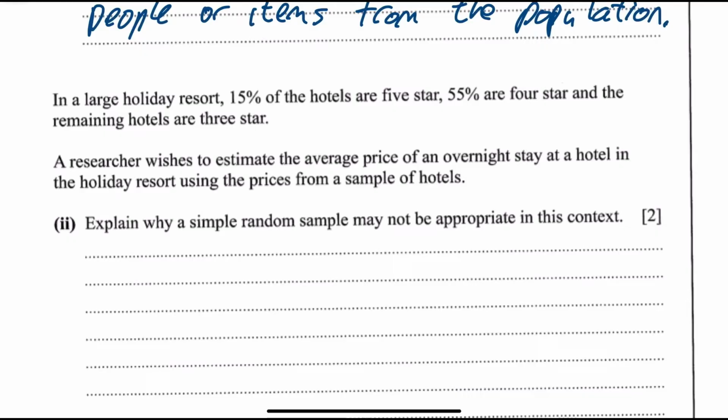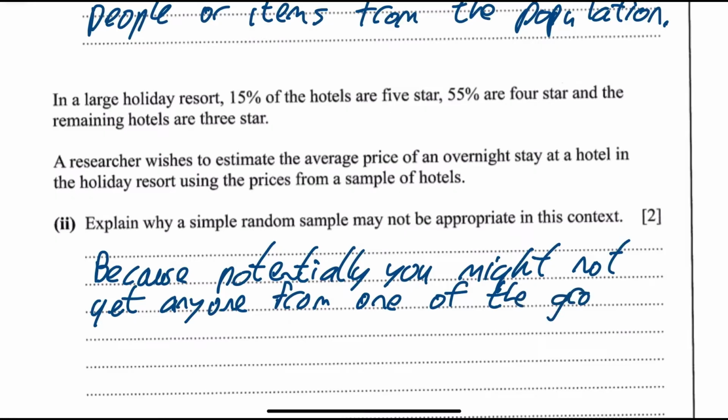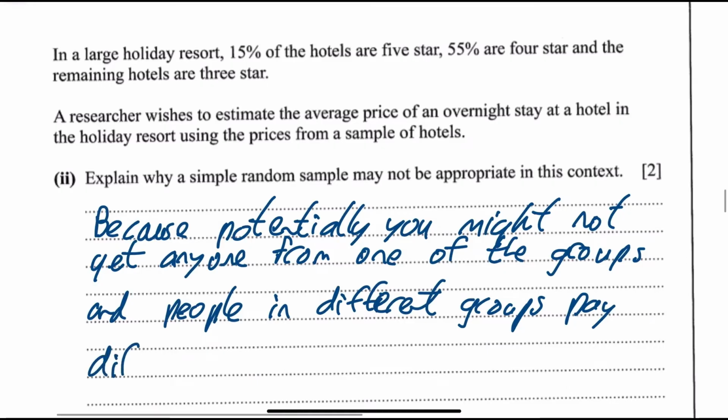So explain why it's not appropriate, and just say it's because potentially you might not get anyone from one of the groups, and people in different groups pay different prices.